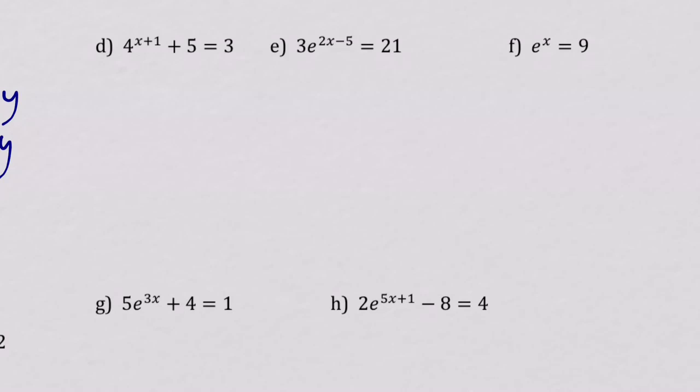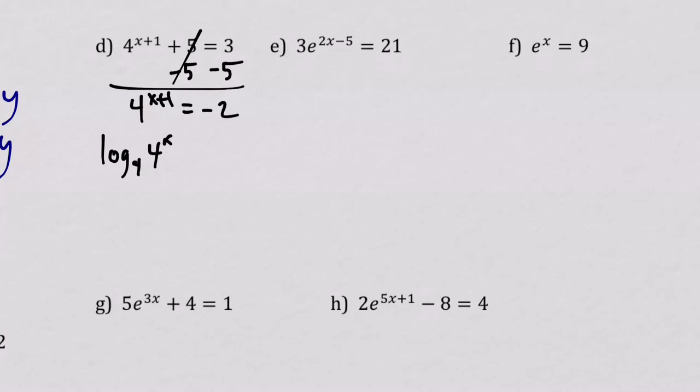Let's start with D. 4 to the power of x plus 1, plus 5, equals 3. The first step is still the same. I need to get rid of that 5, right? Whatever doesn't belong there, don't take the log yet until you kick it out. So 4 to the power of x plus 1 equals negative 2. Next, I'm going to take the log of both sides, and I'm going to use base 4, because that is the base of that power there.